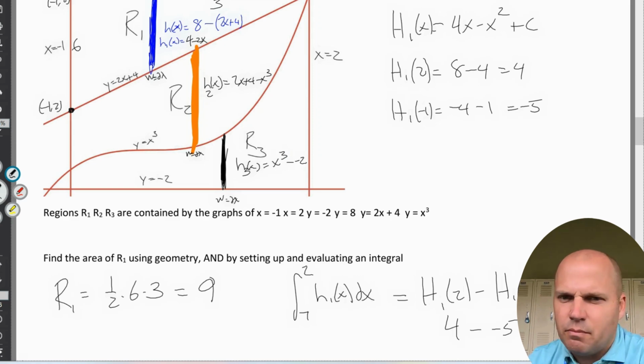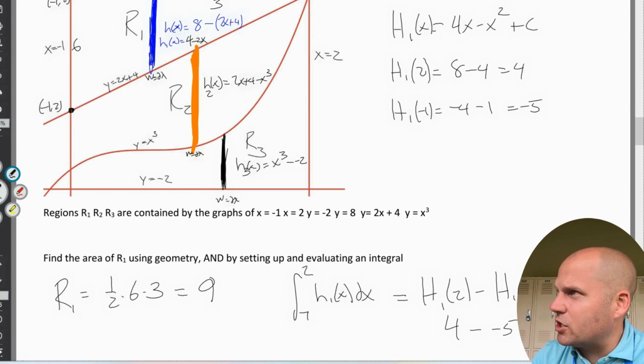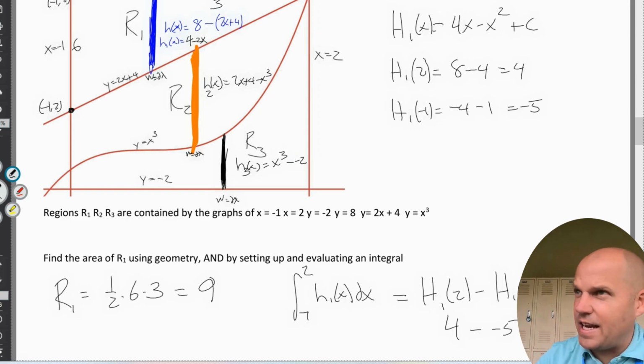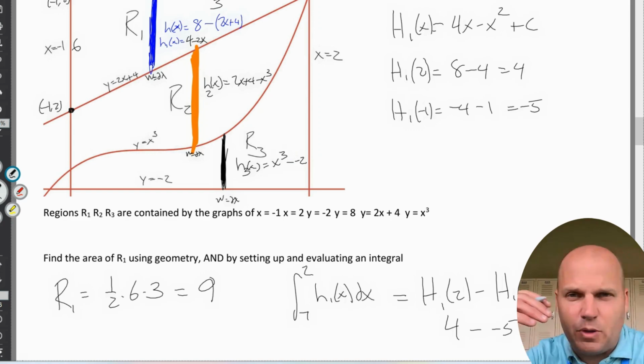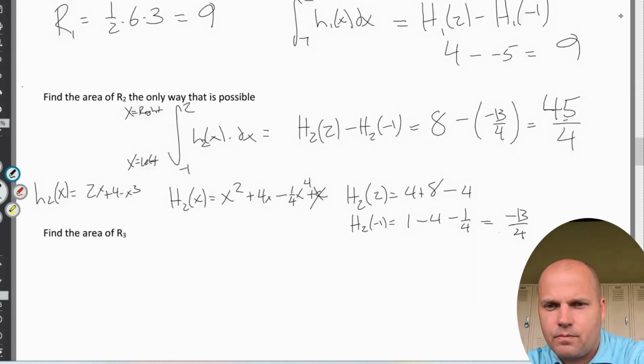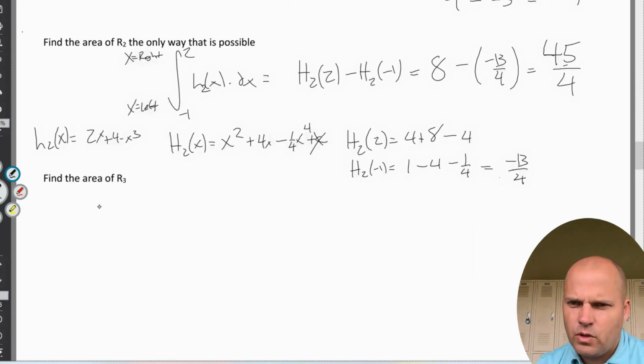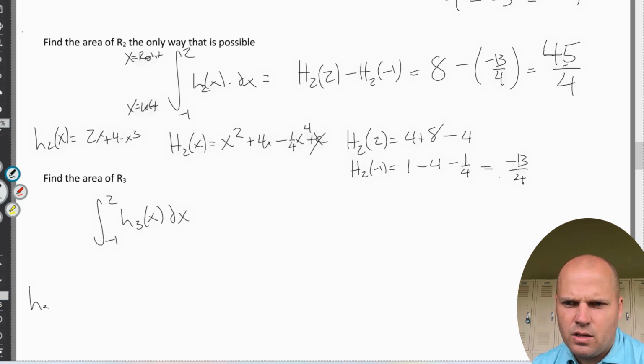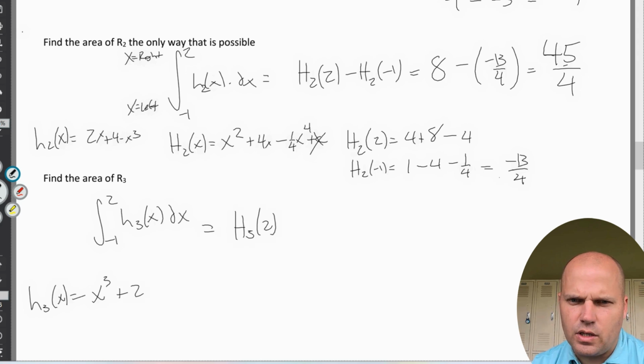That'll be minus -2 or +2. Depending on the x value, the height will always be the y at the top minus the y at the bottom. So we will sum up from -1 to 2, h3 is x cubed plus 2. We do want super h3 of 2 minus super h3 of -1.